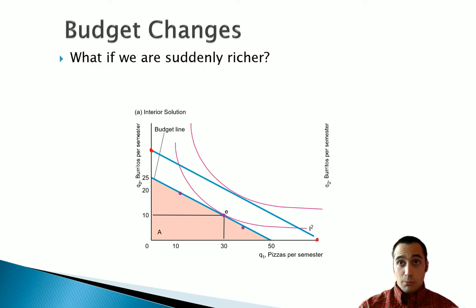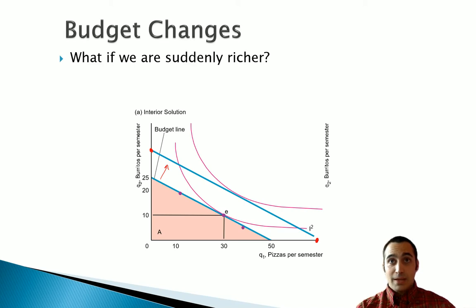And the question is, well, at what rate can I exchange these additional pizzas or these additional burritos? Since prices haven't changed, it must be at the same rate. So this line must be at the same slope as the original line, and that suggests to us that we should have a parallel shift.